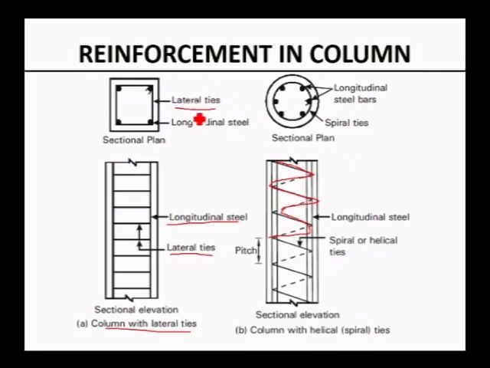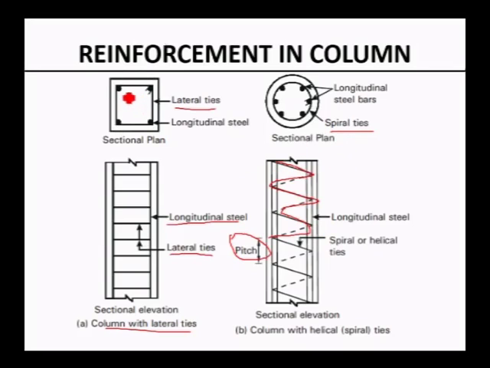Instead of lateral ties, there may be provision of spiral ties for the circular columns. Okay, these are the reinforcement provided for the columns, and the distance from one tie to another tie is called the pitch. Spacing from one tie to another, center to center distance, is called the pitch.